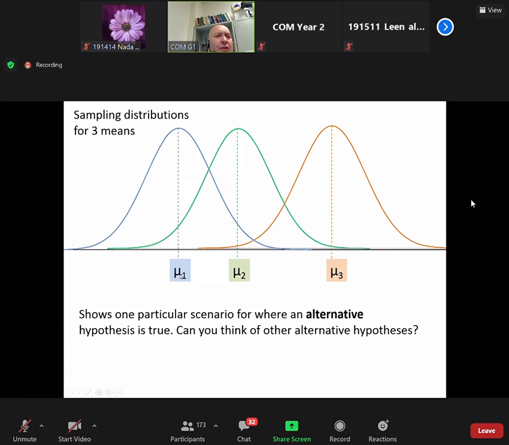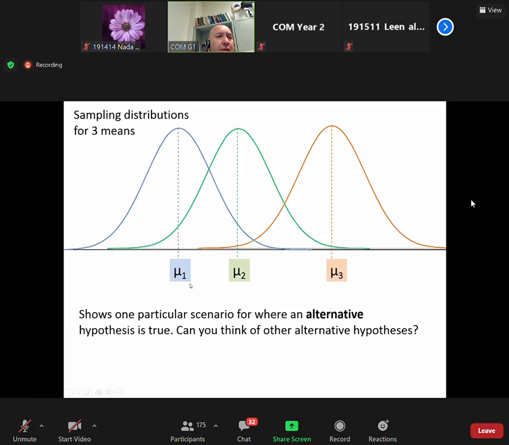Now the population values are shown by the mu's, mu1, mu2, mu3, and this shows one particular scenario for an alternative hypothesis that is true. So what other alternative hypotheses might there be? This one tells us that mu1 is less than mu2, which is less than mu3.